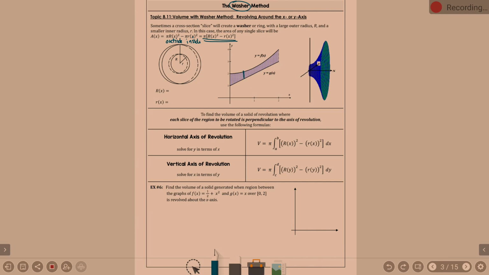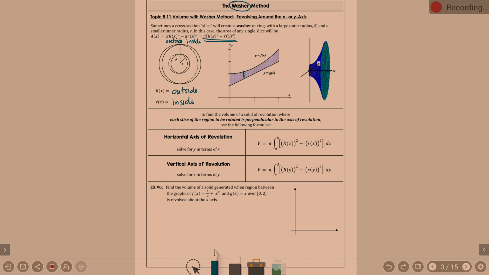Here's your example of the washer. If we just want to find this ring here, that's what we're looking at. You'd have to do the big R, which is your outside, and subtract the little r, which is your inside.